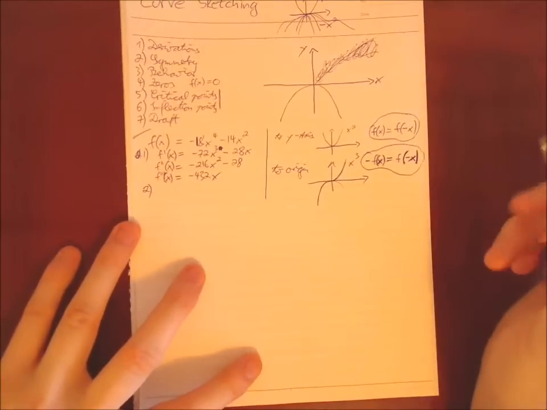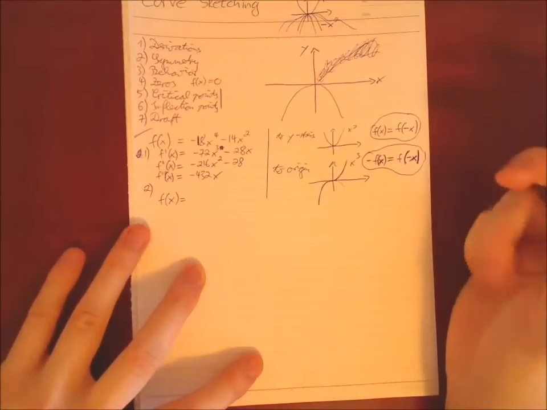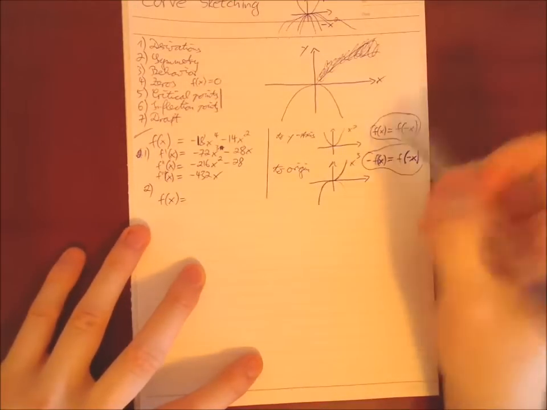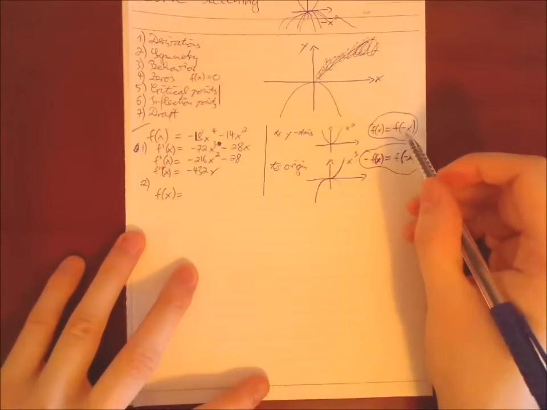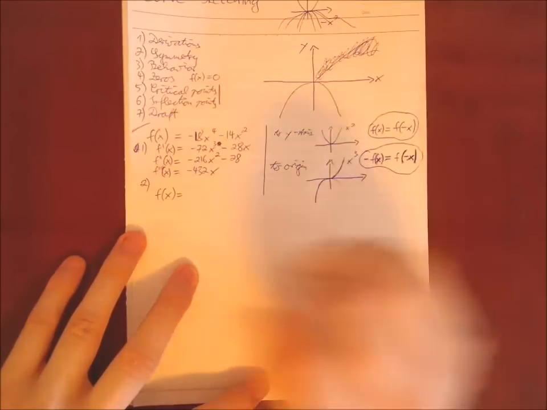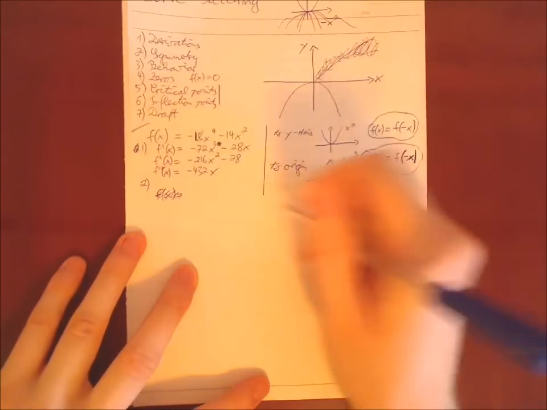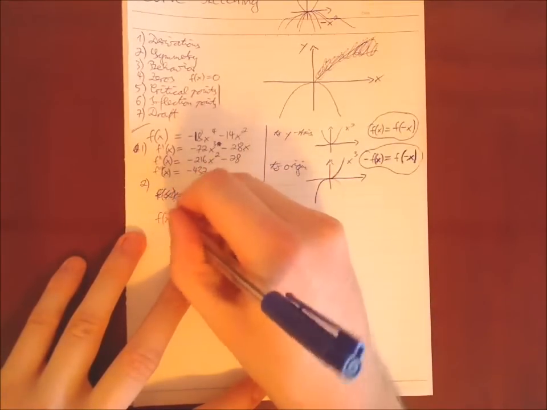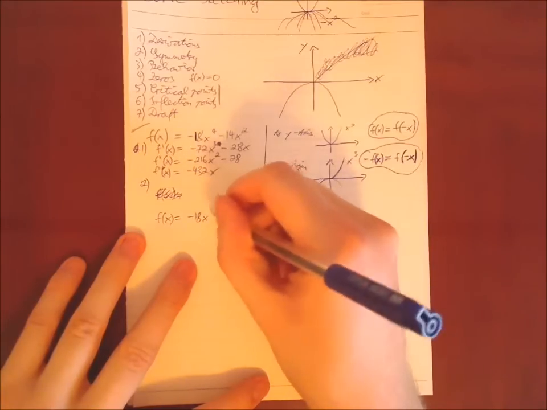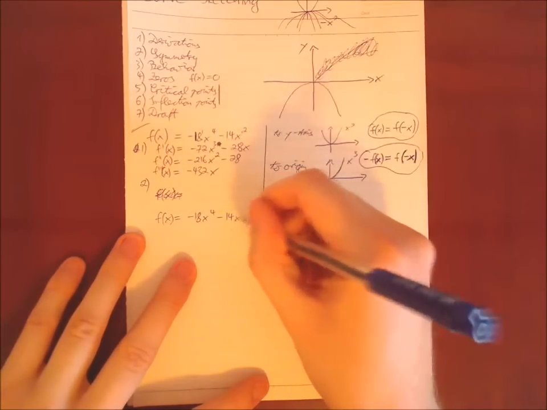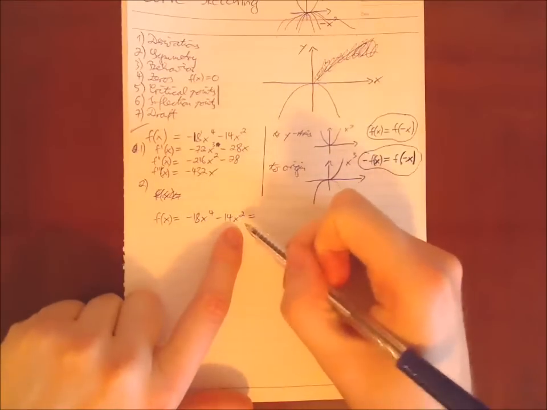We try symmetry to the y-axis, which would be f of x on the left side and f of negative x on the right side. So f of x is minus 18x to the power of 4 minus 14x to the power of 2 equals the same, but we insert negative x.